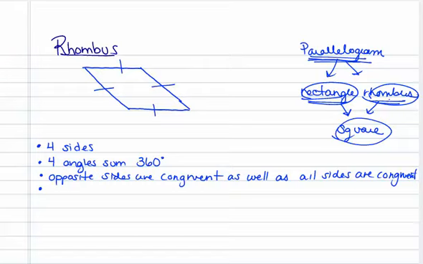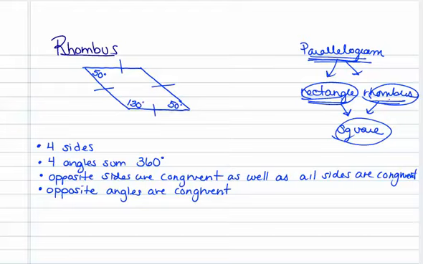Another thing about rhombus is, like these two angles, let's say this angle is 50 degrees, then we know the one across from it, opposite angles, are the same. It's the same idea through a parallelogram as it is through rhombus. And if this is 50 degrees, then the one next to it, or consecutive to it, is going to make 180, so that must be 130.